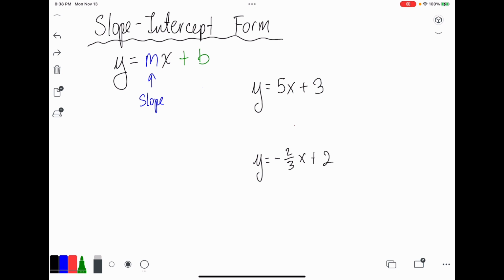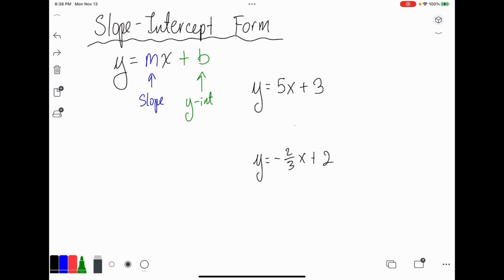And graphically, whatever number we're adding, the constant, the number that's by itself, happens to be the y-intercept. So just by looking at the equation, you will know what the slope and the y-intercept of the line are. And with just those two pieces of information, you can actually graph the equation of your line.